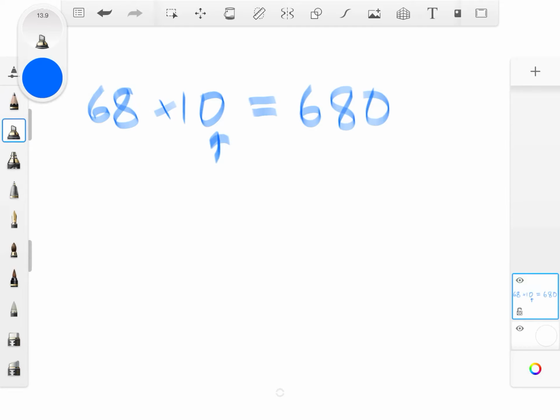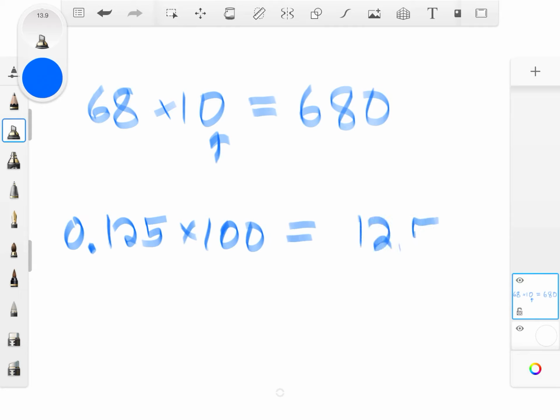For instance, if you have 0.125 times 100, you can use your calculator to get 12.5, but you can notice that you have 2 zeros, and so you move over the decimal to the right 2 times and get 12.5.